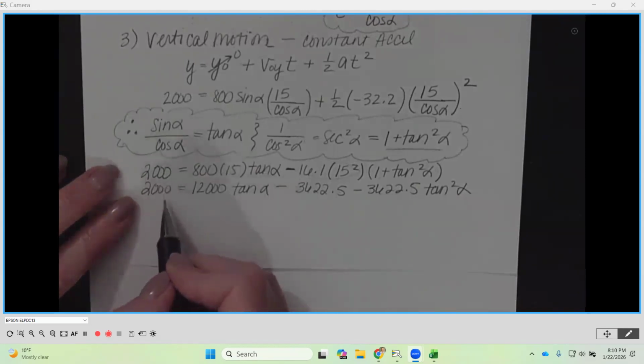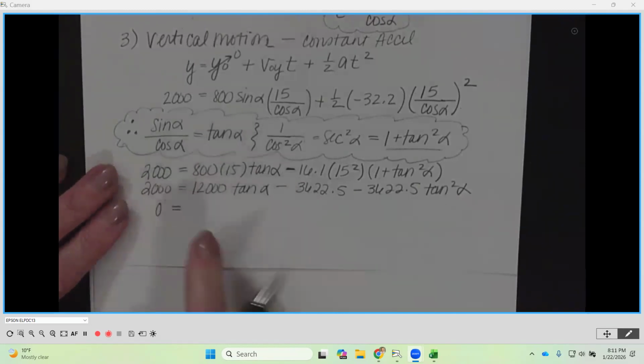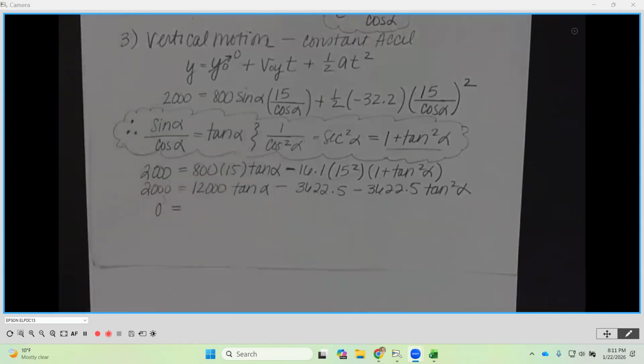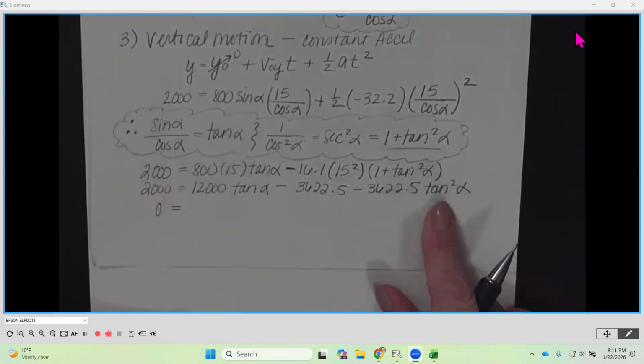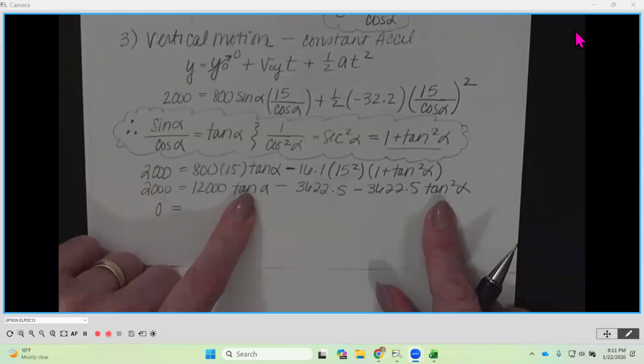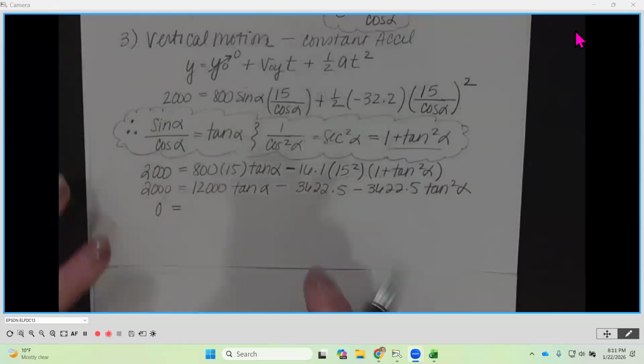So this is going to be 0 is equal to. As I'm writing this out, you're going to notice that I have a tan squared and a tan, and then some constants. This is going to be in a quadratic form, so I'm going to put it in that form.